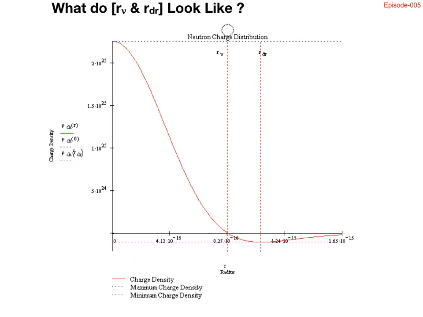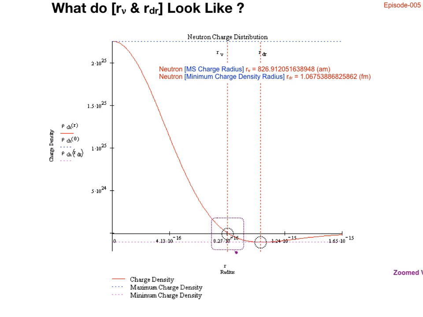In order to visualize the electrogravimagnetic radii solution, we firstly need to visually understand the neutron charge distribution curve and where the neutron mean squared charge radius and the neutron minimum charge density radius sit on the curve. Appearing on screen is a graph of the neutron charge density versus radial displacement, with points of significance circled.